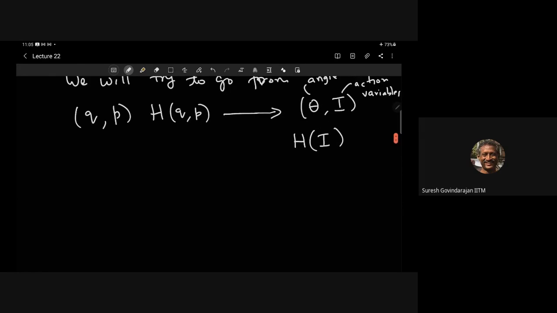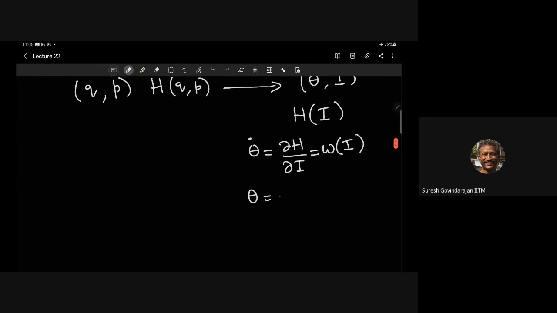Okay, so we already saw this. Then theta dot will be dH by dI, and we'll just call this some omega. In general, this will be a function of I. So then theta will be omega(I) t plus some initial value.